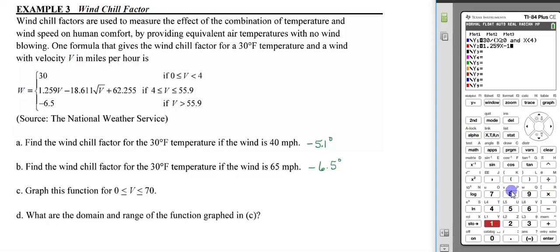1.259x minus 18.611 times the square root of x plus 62.255, and our conditions, we'll put our slash, parentheses, and we'll say x is greater than or equal to 4, our logical operator of and, x is less than or equal to 55.9.